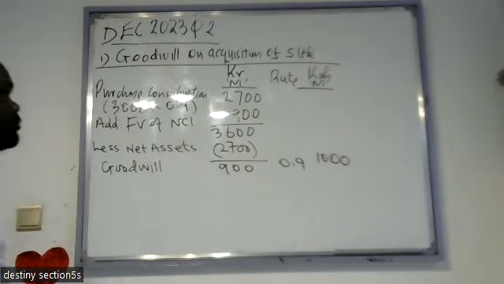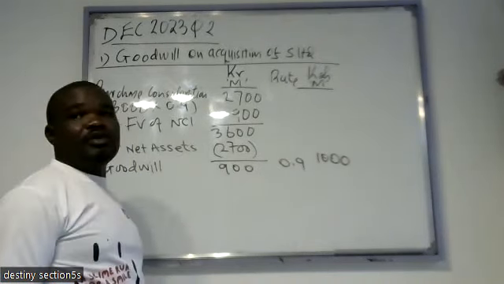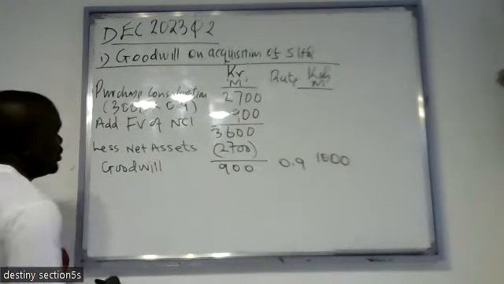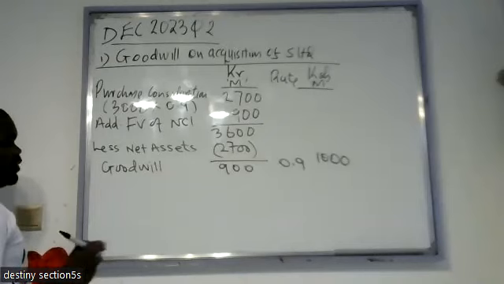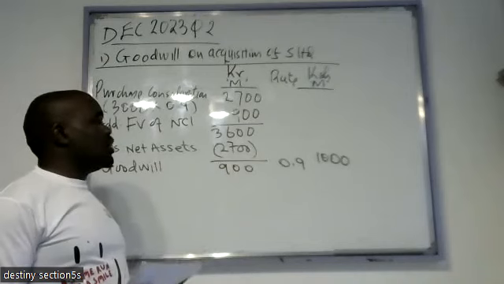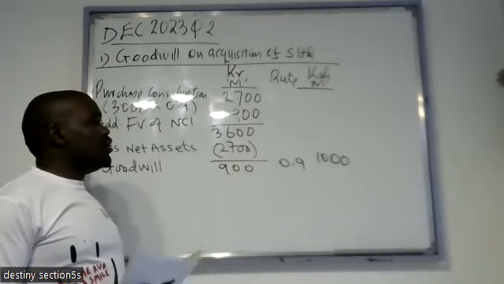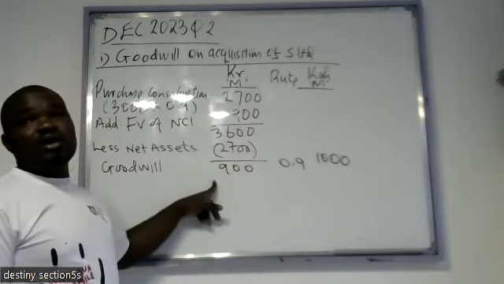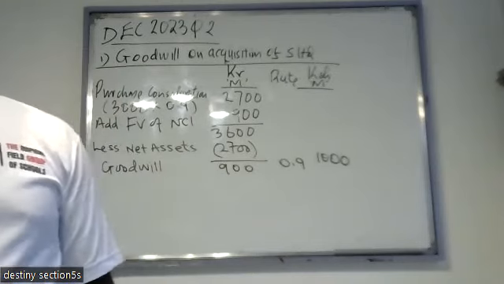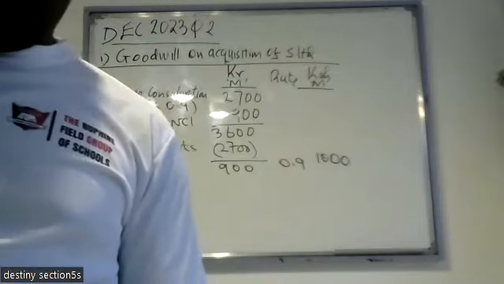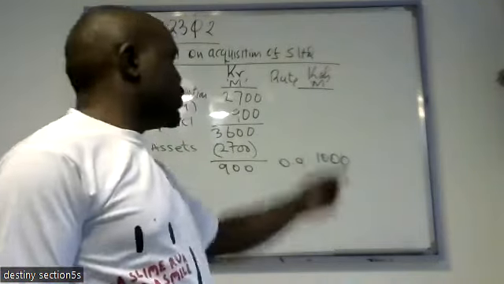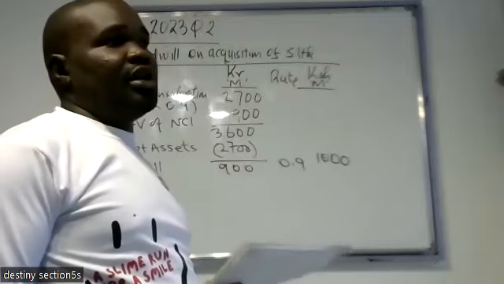And there was no impairment. If there was impairment, we subtract. So now, I want us to translate. So that is the translated goodwill on the date of acquisition. So the date of acquisition in crowns, it is 900. In the Kenya shillings is 1,000, which we are interested in.